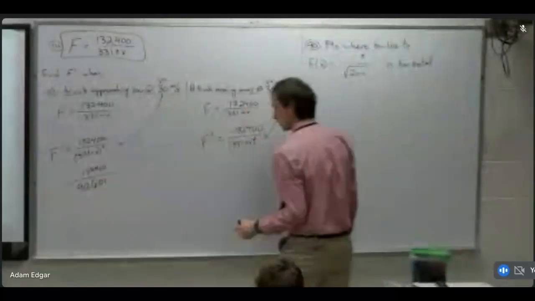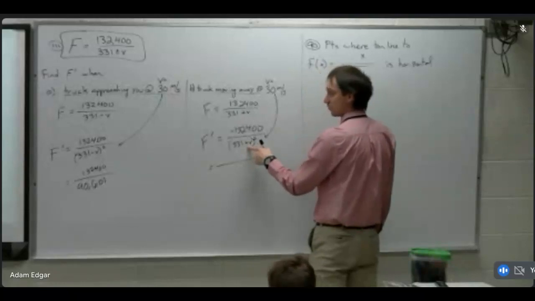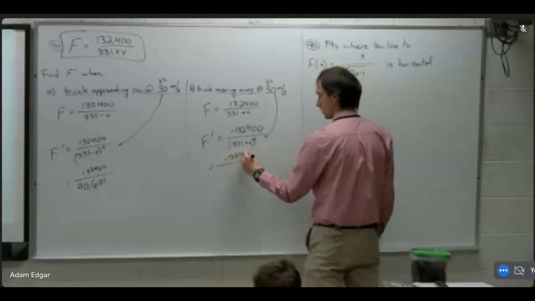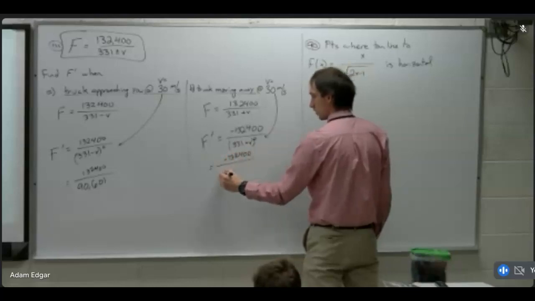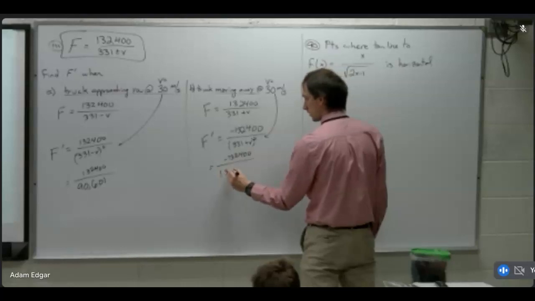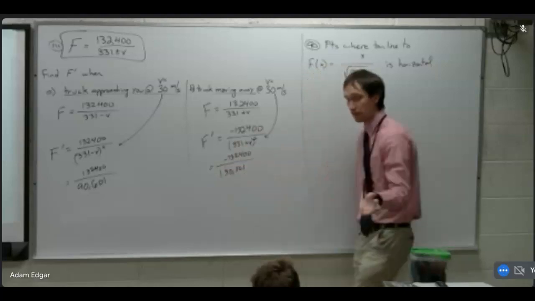So this is the same thing. No, it's not. This is going to be bigger. This is 361 squared. What's 361 squared? So 130,000. 130321. And you can just divide those out for yourselves and see what that is.